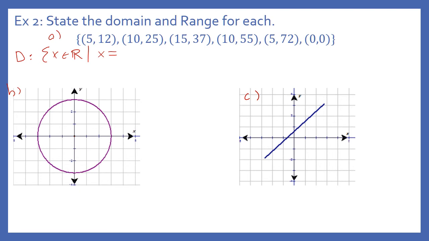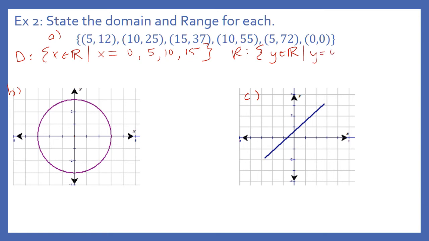Now since it only exists at 5, 10, 15, and 0, we write it as x equals, and it can only equal these numbers. It doesn't matter what order you put it in. If you want to have fancy math form, usually you go in ascending order, so lowest to highest. So 0, 5, 10, 15. If you wanted to list 5 twice and list 10 twice, you're more than welcome to. It wouldn't be wrong, but you don't have to.